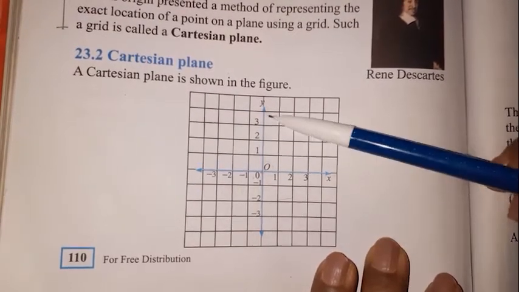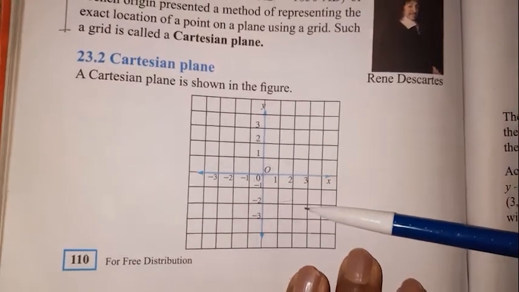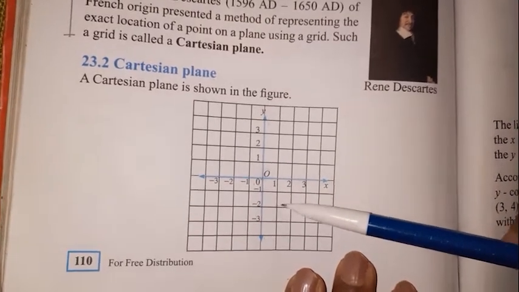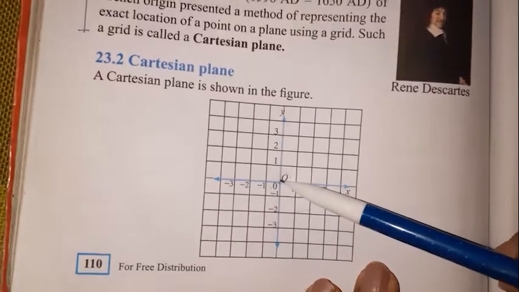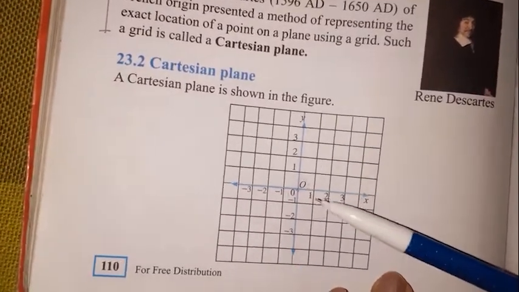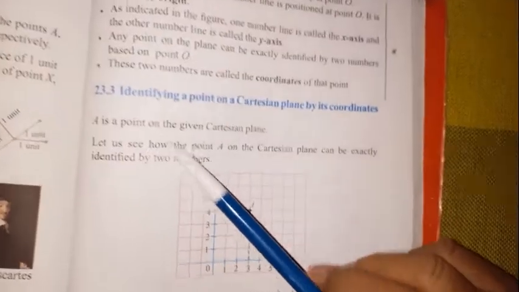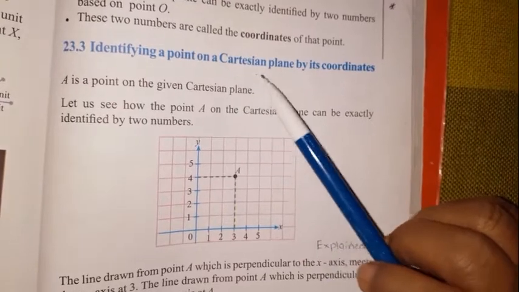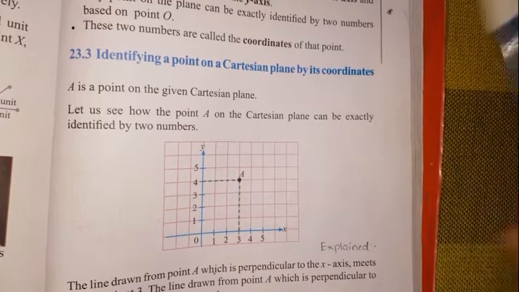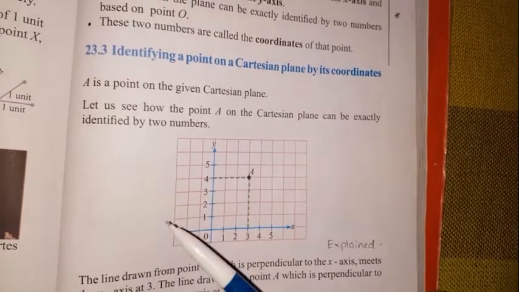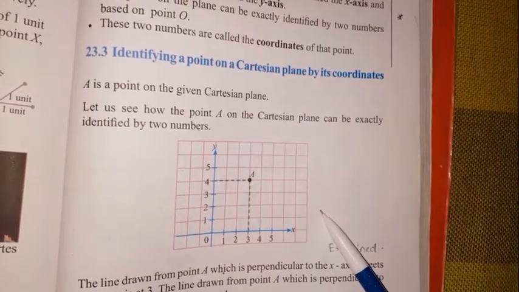Any point on the plane can be exactly identified by two numbers based on the point O. These two numbers are called the coordinates of the point. Identifying a point on a Cartesian plane by its coordinates. Now can you see they have drawn a Cartesian plane?